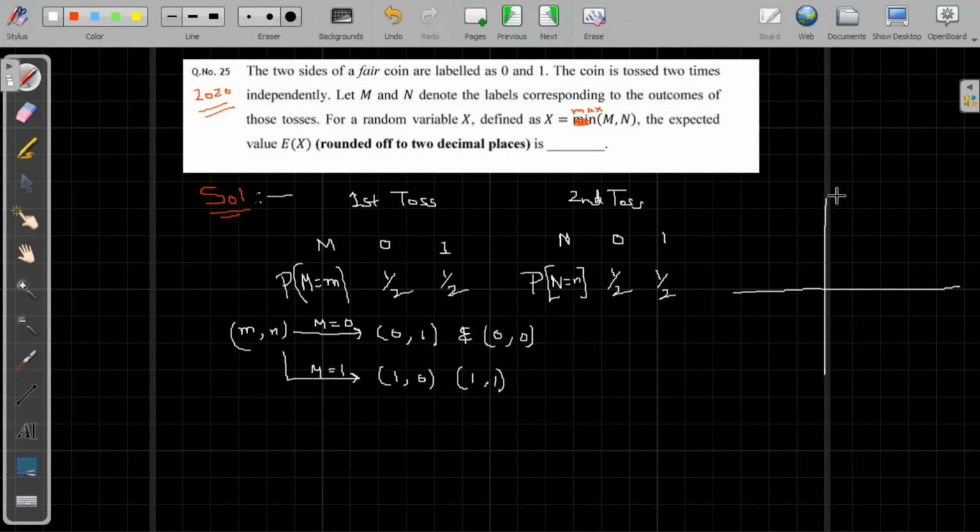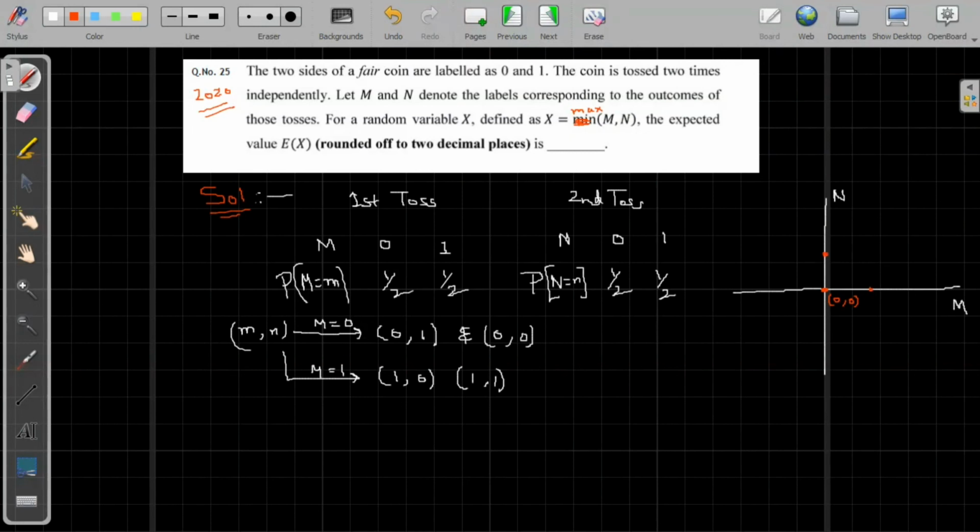So if this is our M axis and this is our N axis, this point will be 0 comma 0 point. Similarly, this point is 1 comma 0 point.